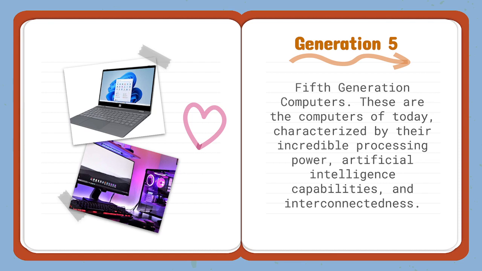The fifth generation computers are the computers of today, characterized by incredible processing power, such as the Intel i9 Gen 13. It's really powerful for everything: gaming, 3D rendering, editing, and work.